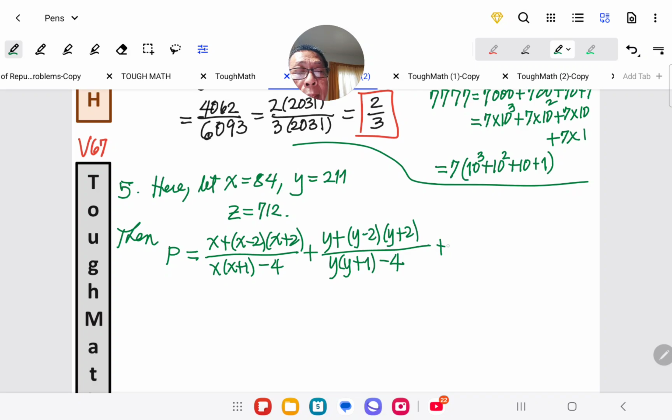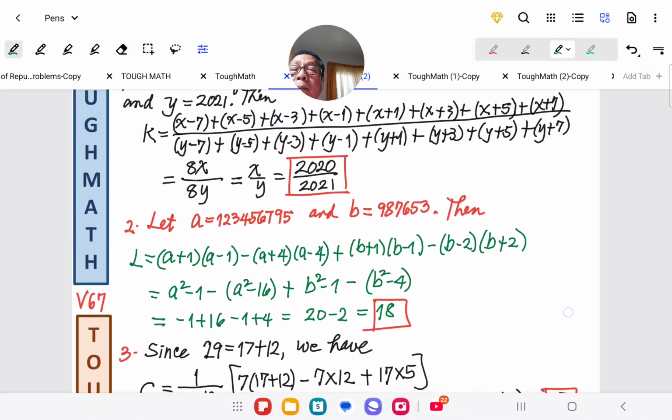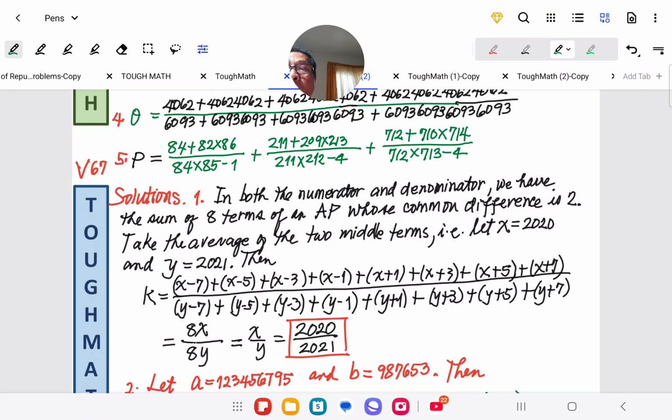And then our third summand would be z plus z minus 2 times z plus 2 over z times z plus 1 minus 4. This is also minus 4 here.